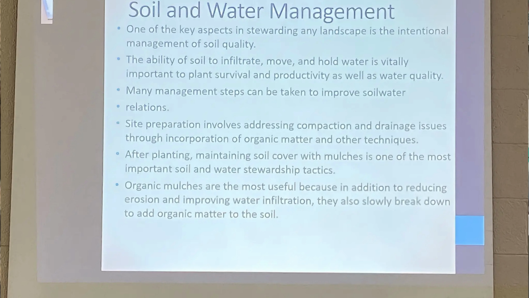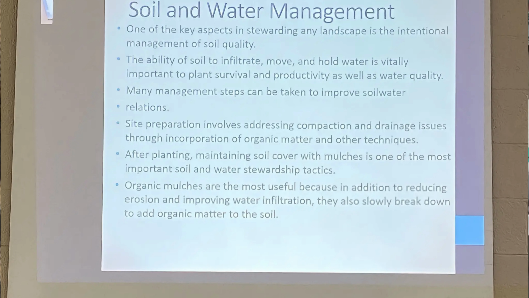Soil and water management. One of the key aspects in stewarding any landscape is the intentional management of soil quality. The ability of soil to infiltrate, move, and hold water is vitally important to plant survival and productivity as well as water quality. Many management steps can be taken to improve soil relations.